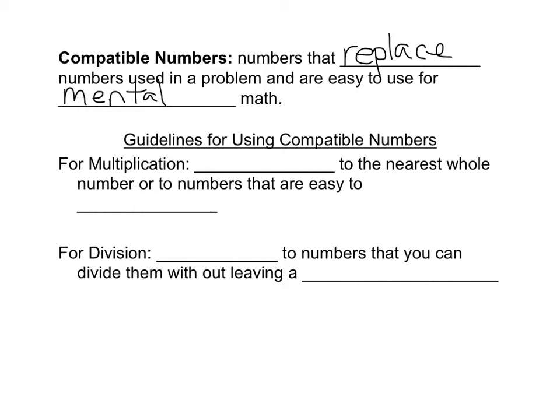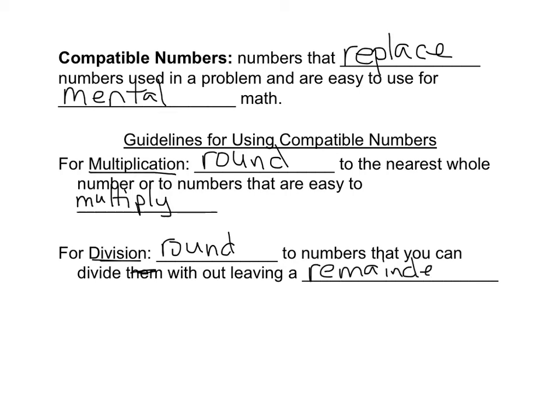So guidelines for using compatible numbers for multiplication: we are typically, again, going to round to the nearest whole number or to numbers that are easy to multiply. For division, you want to round to numbers that you can divide without leaving a remainder.